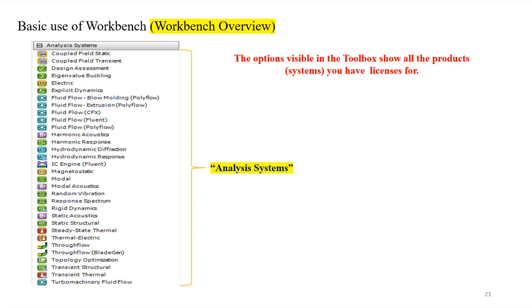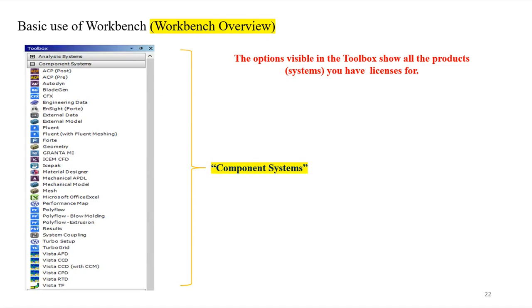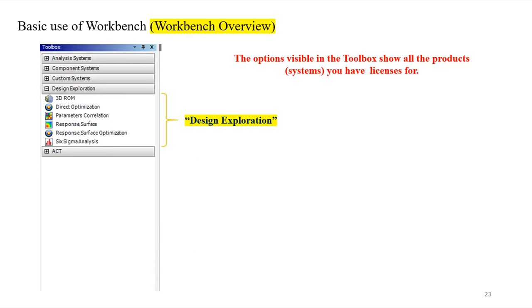The next is the Component Systems box that includes the individual building blocks for each stage of the analysis. Design exploration provides tools for optimizing designs and understanding the parametric response.